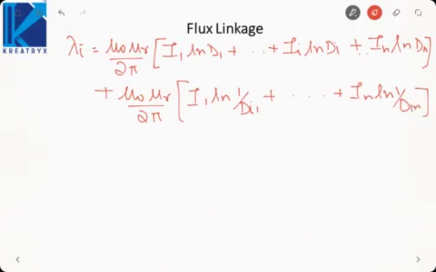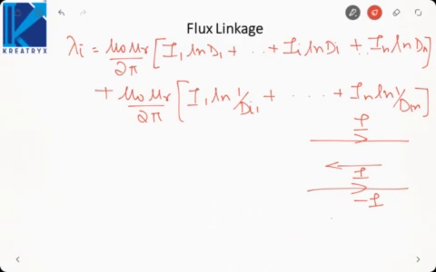Now suppose I have a group of 10 conductors. Some of them will be carrying a current from source to load, others will be bringing the current back, because we need a closed circuit for the flow of current. The conductors that carry the current from source to load are called forward conductors. The conductors that carry the current back from load to source are called return conductors. So if one conductor is carrying a current I, another will be carrying a current minus I, because minus I implies I in the opposite direction.